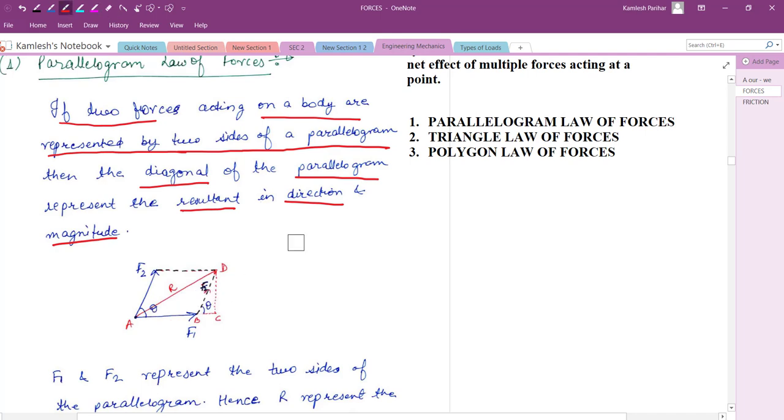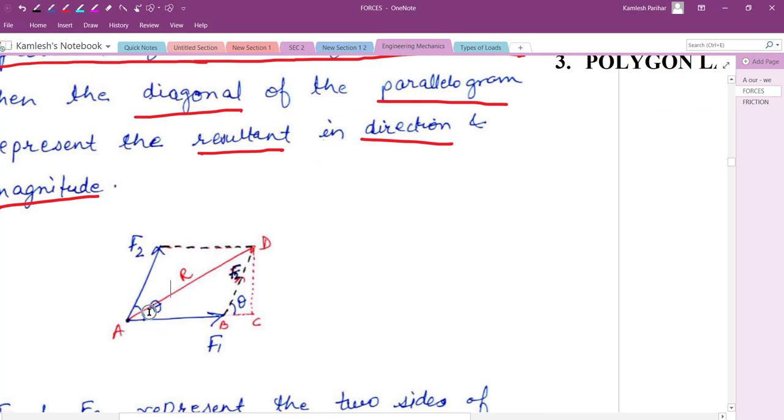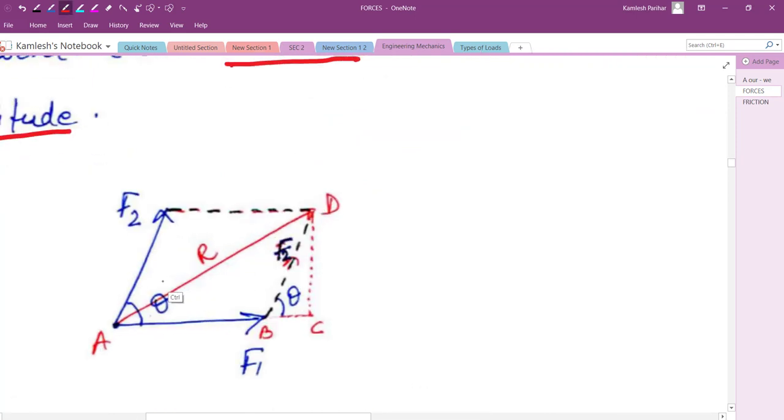Okay, so in the figure, let's zoom the figure. Here we are seeing two forces acting at point A. These forces are F1 and F2. Now I need to find the resultant of these two forces.